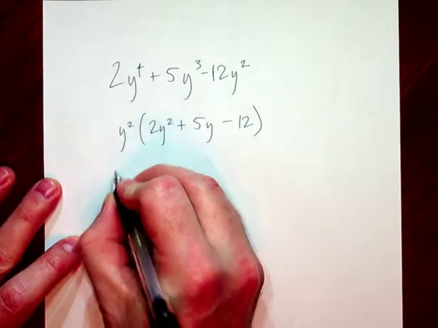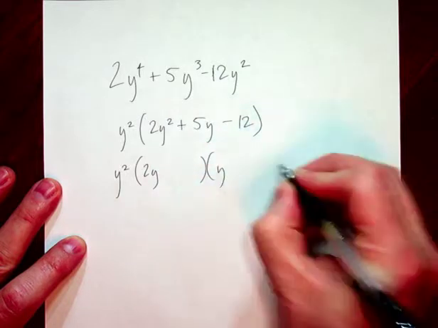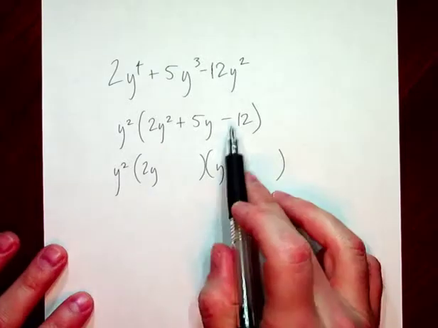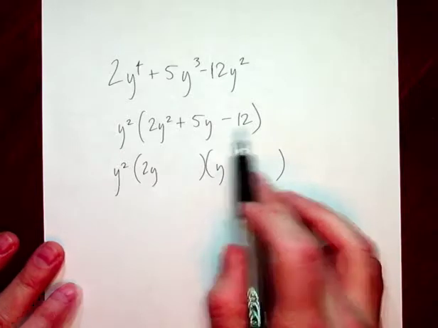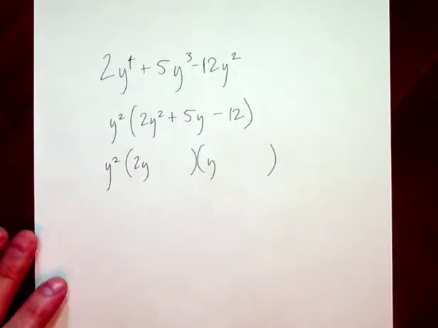You know that if it factors, and by the way, it does, since 2 is prime, it has to break apart into 2y and y. The only problem is this 12 right here, and whether 12 breaks apart into 1 and 12, 2 and 6, or 3 and 4.